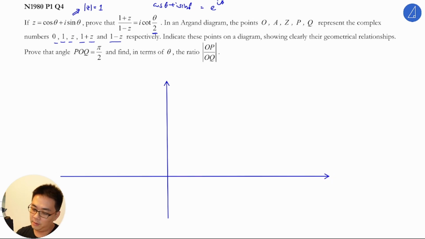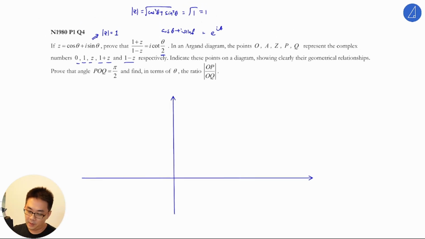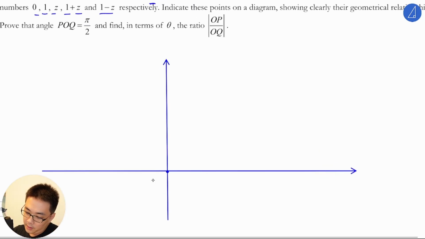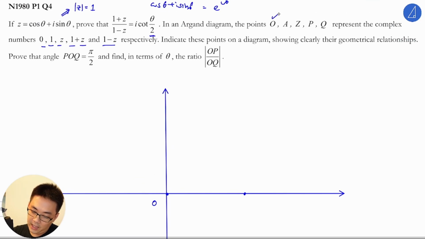So this is what's going on. We have O, which is here. Then 1 unit. So O done. 1 will be here. This is A, right? So this is 1.